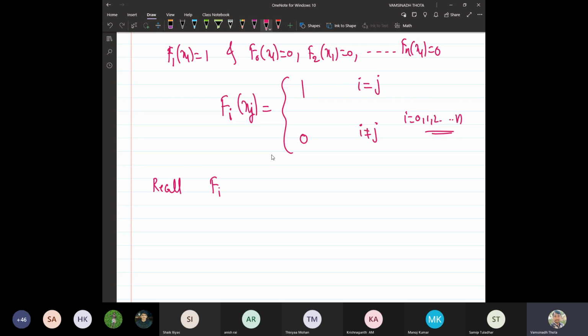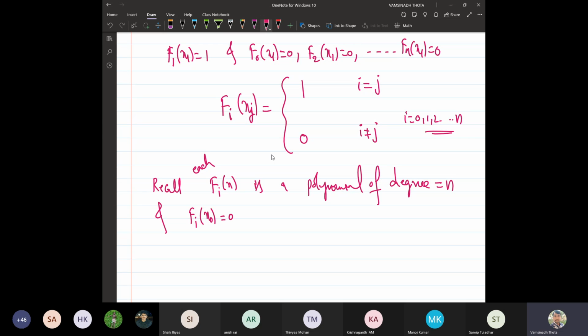Recall that each f_i of x is a polynomial of degree equal to n, and not only that one, f_i at x0 is equal to 0, f_i at x1 is equal to 0, f_i at x_{i-1} is equal to 0, f_i at x_{i+1} is equal to 0, and so on, f_i at x_n is equal to 0.